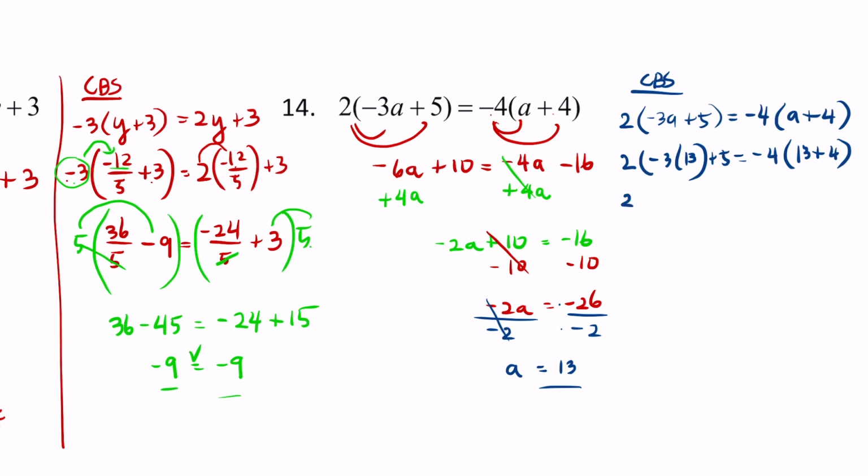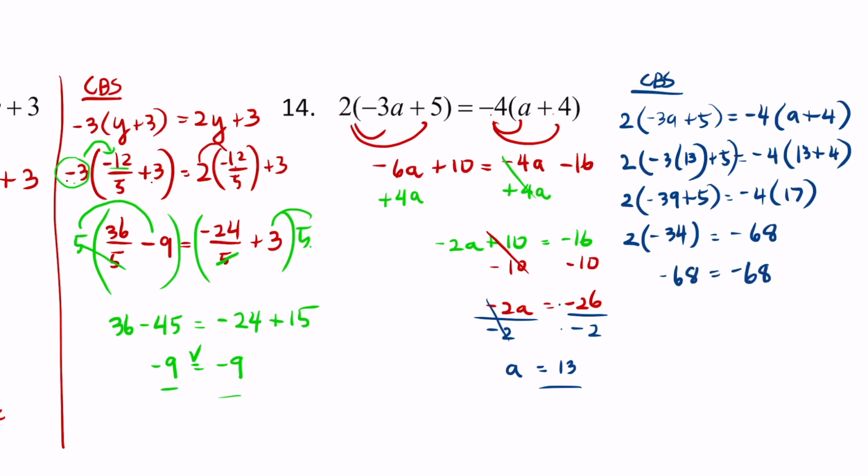Okay, so do everything in the brackets first. Negative 39 plus 5 equals negative 4 times 17. So this is 2 times negative 34 because negative 39 plus 5 is negative 34, and this is negative 68. And 2 times negative 4 is negative 68 equals negative 68.